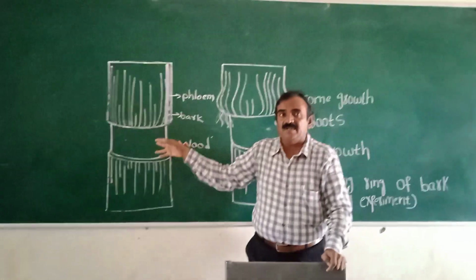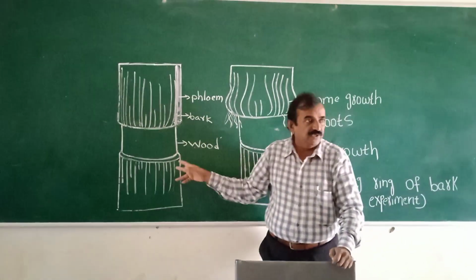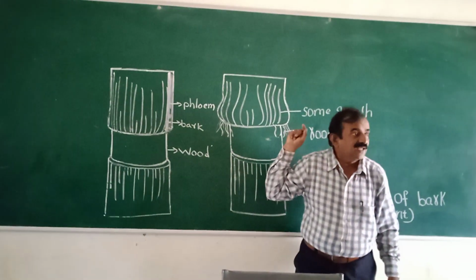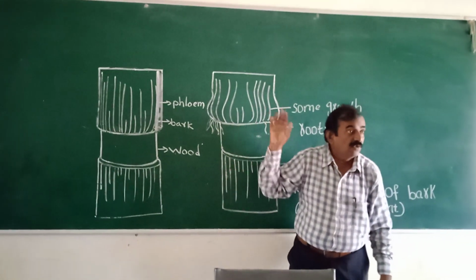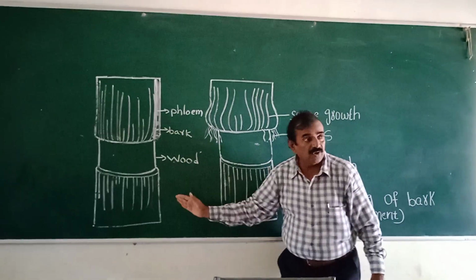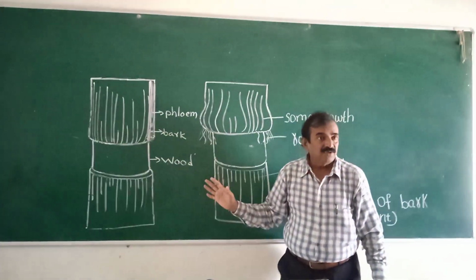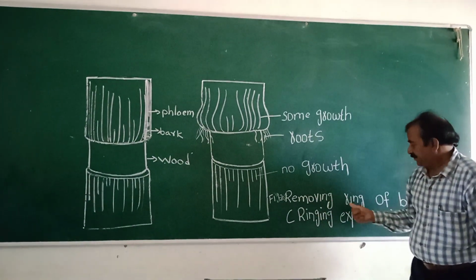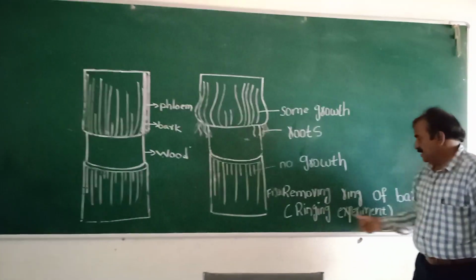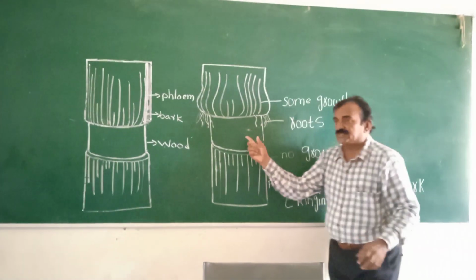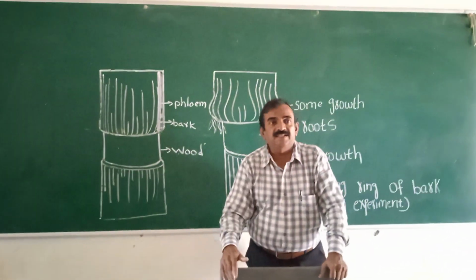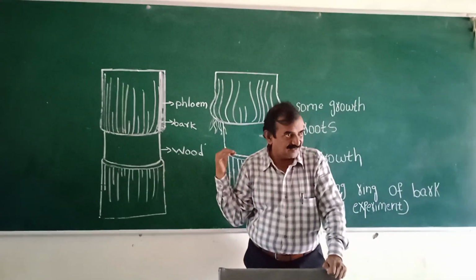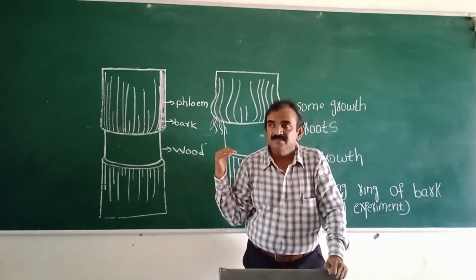Here we remove the ring of bark, and after a few days the plant dies, due to lack of transportation of food from the upper part to the lower part. This is an activity, under the heading removing ring of bark, exposing wood outside. I think you understood this concept well. Thank you.